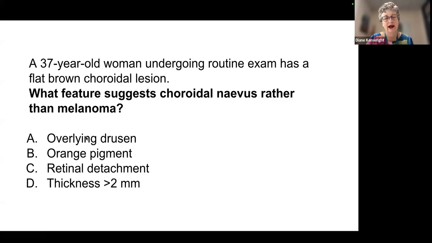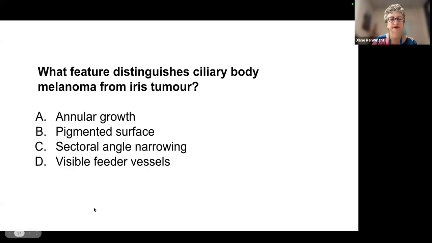So it's going to be either A or B. Have a think about this one. It's quite tricky. You might have had to look this up. The answer is overlying drusen. The drusen will be there for a long time. The nevus will be quite stable, and this is one of the indications for it.